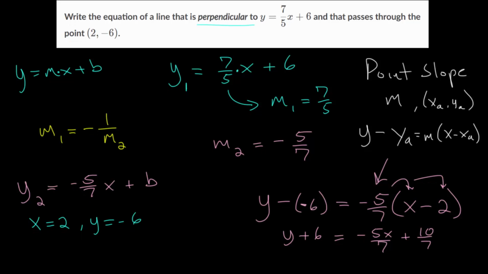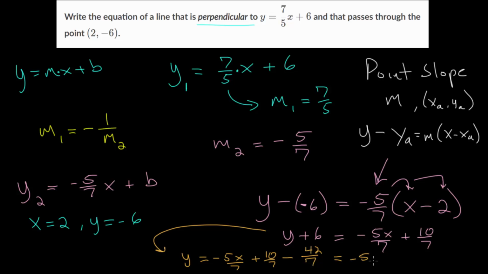And we can work over here. So y is equal to minus 5x over 7, and we subtracted 6. So we have plus 10/7, and instead of writing it as -6, I'm going to give it a denominator of 7, and 6 times 7 is 42. So we're subtracting 42/7, which is the same thing as subtracting 6.